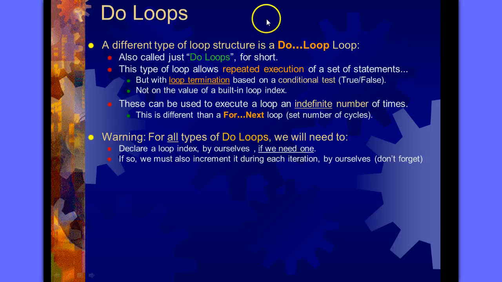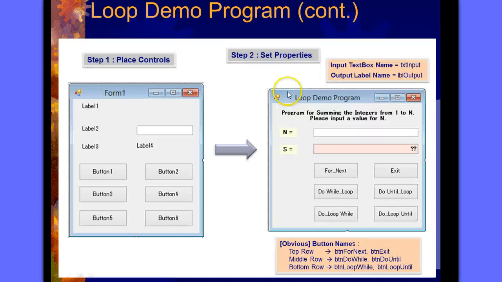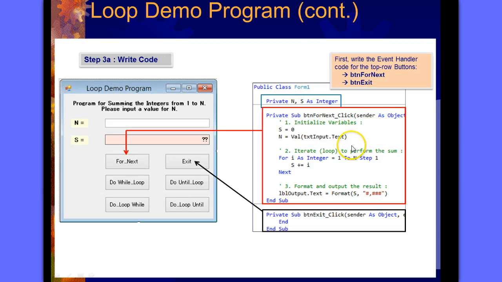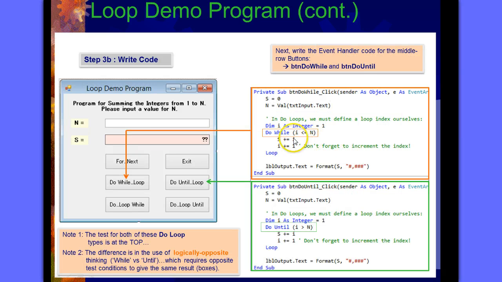A different type of loop structure is the do loop. This type of loop allows repeated execution of a set of statements, but with loop termination based on a conditional test. So you saw this conditional test. This is what he meant by the conditional test here.